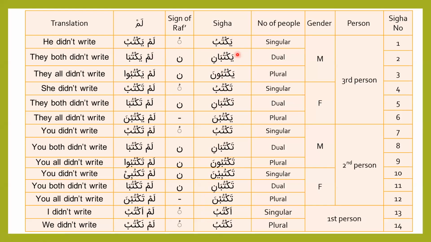Whenever we bring lam before yaktubu, what happens? The sign of raf will be removed. The sign of raf was zamma in 5 sigas: 1, 4, 7, 13, 14. So the zamma will be removed. And in the other sigas, except 6 and 12, the alamat raf was noon, so the noon was omitted.